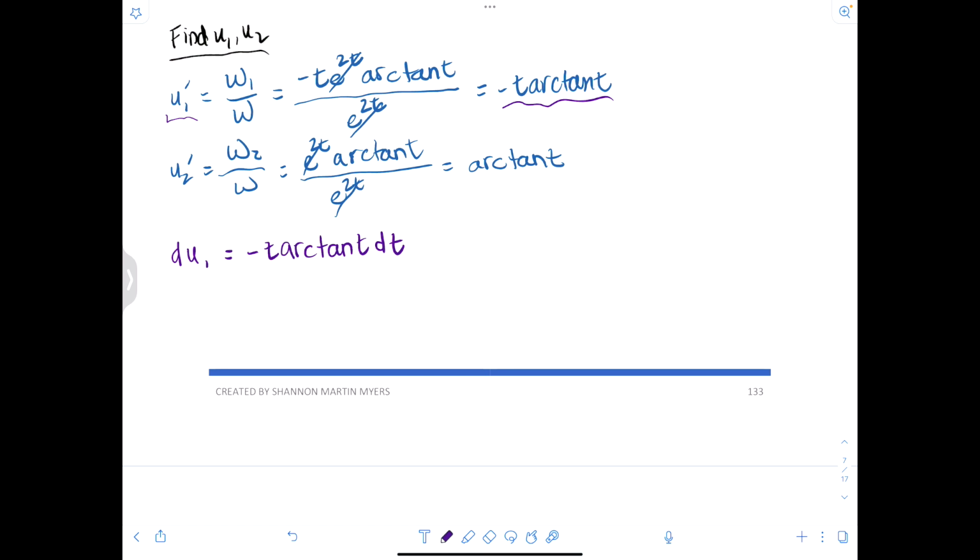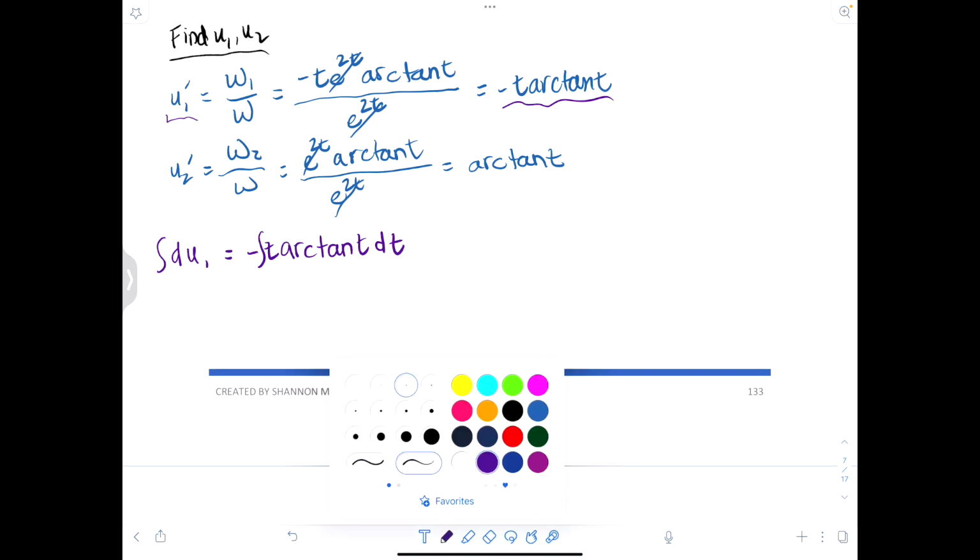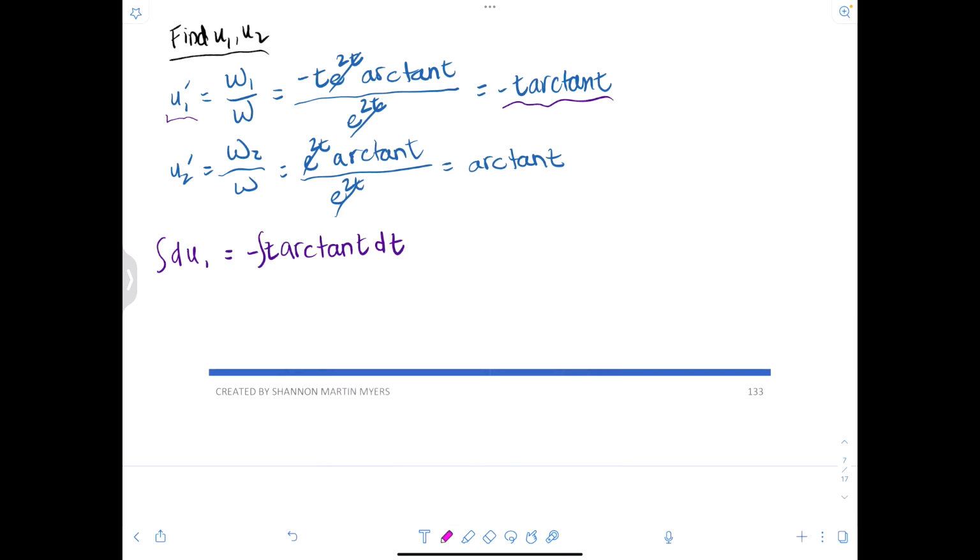Now we need to integrate both sides. I'll keep that negative out. And let's do some side work. So u has to be arc tangent of t because that doesn't have a regular integral formula. So du is going to be dt over 1 plus t squared. dv will be equal to t dt, and so v is going to be t squared over 2.